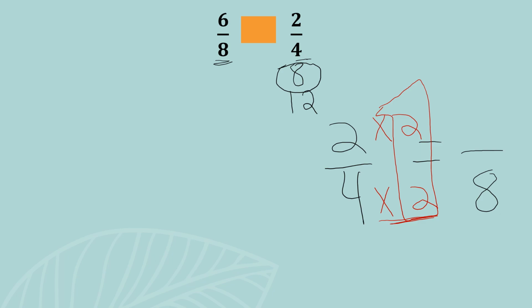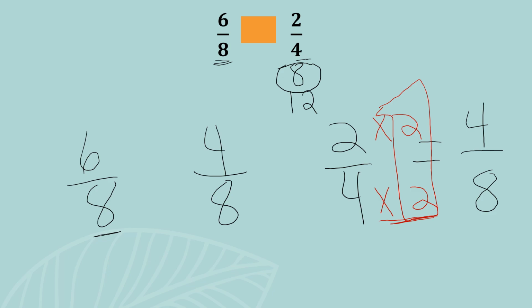So 2 times 2 is 4. So now I'm looking at 6/8 being compared to 4/8. Now that they have the same denominator, meaning that they come out of the same whole, I can decide 6 is greater than 4. So therefore, 6/8 is greater than 2/4.